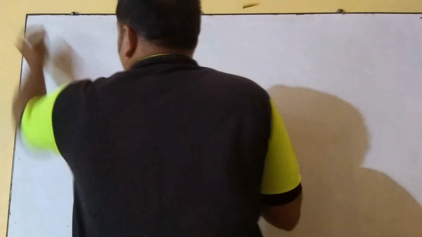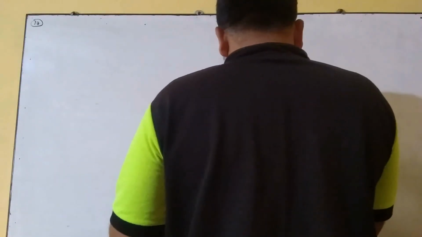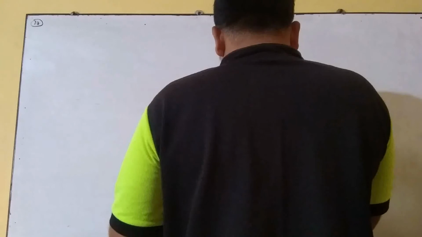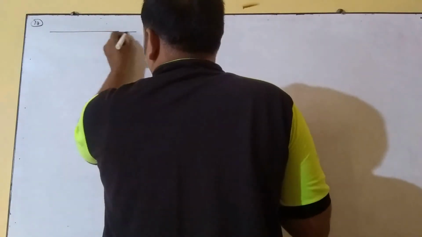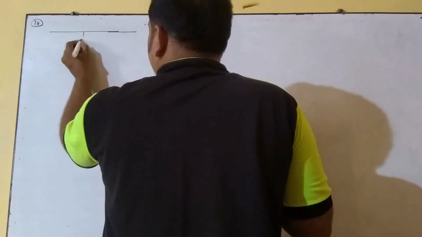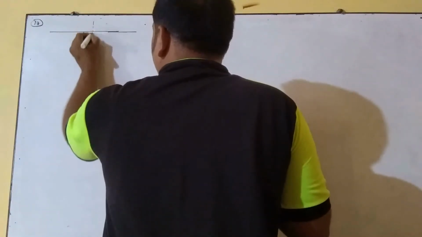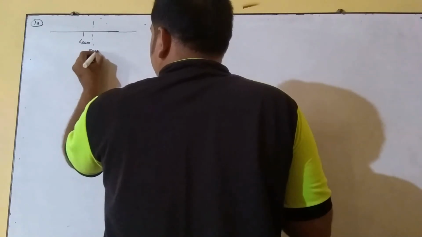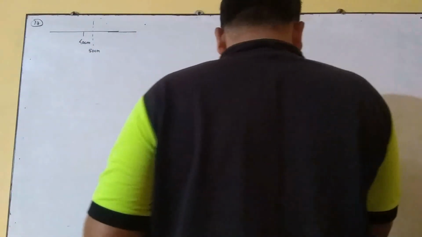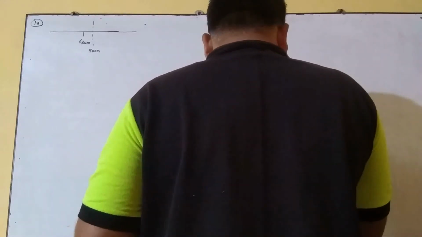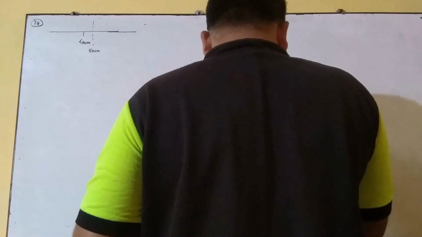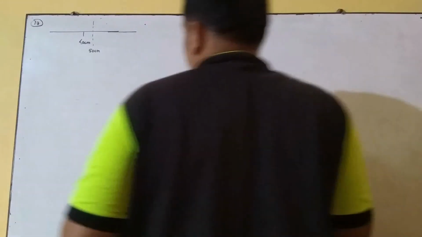Let's see the next question, 17. A uniform meter rule of mass 100 gram is balanced on a fulcrum at the 40 centimeter mark. So here is the 40 centimeter mark, and it should be balanced at say 50 centimeter, by suspending an unknown mass M at the mark of 20 centimeter.